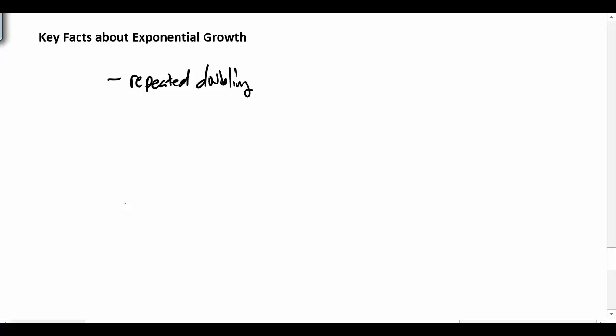The amount of increase is equal to the sum of all preceding doublings.